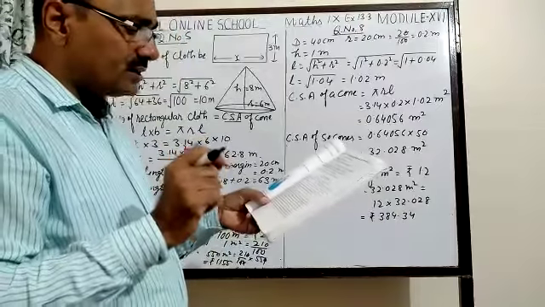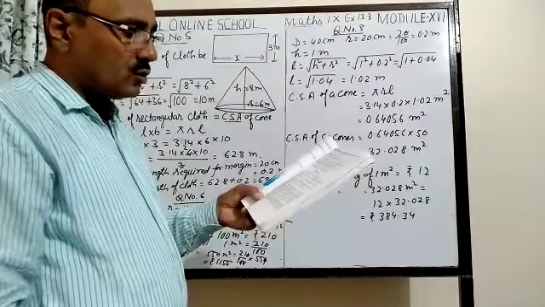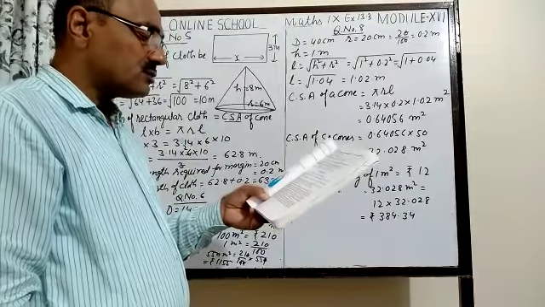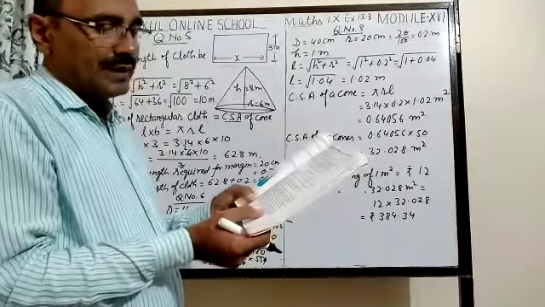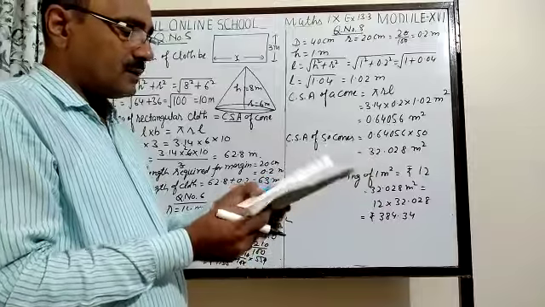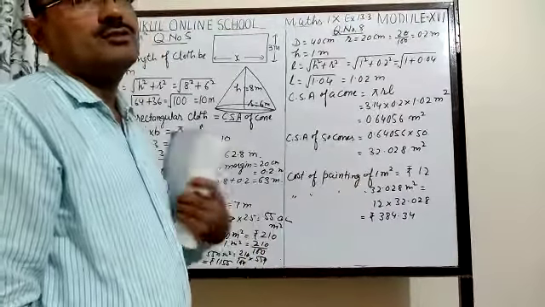If the outer side of each of the cones is to be painted and the cost of painting is rupees 12 per meter square, what will be the cost of painting of all cones? Use pi 3.14 and root 1.04 equal to 1.02.